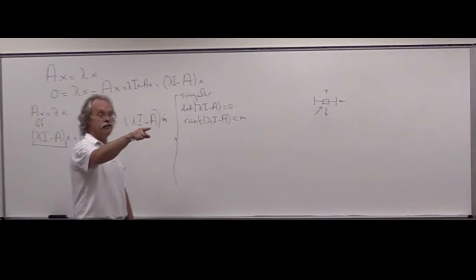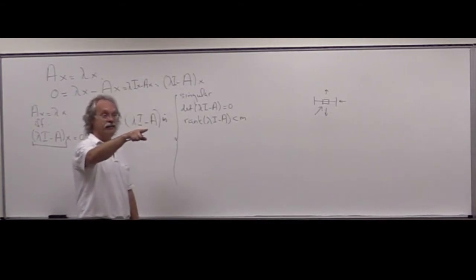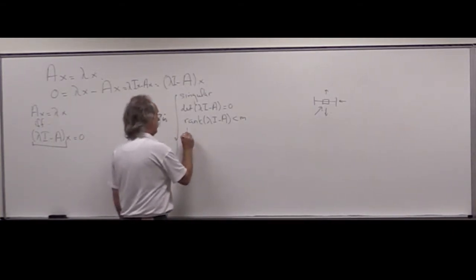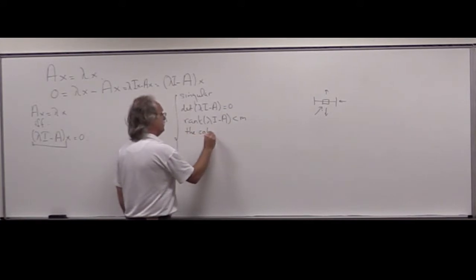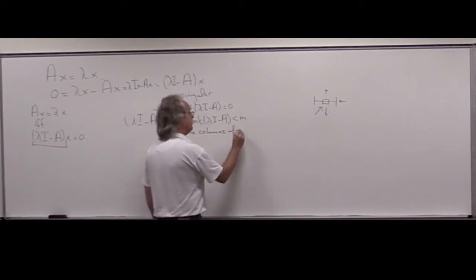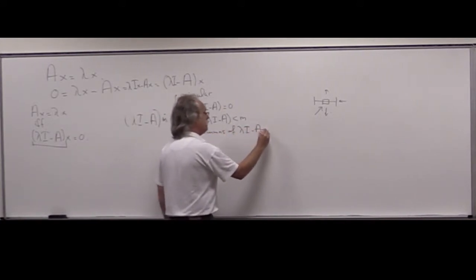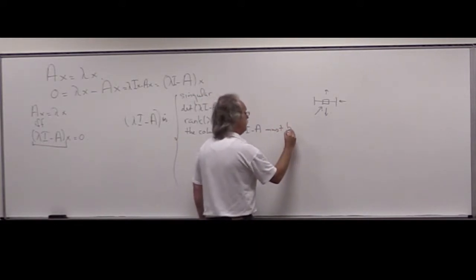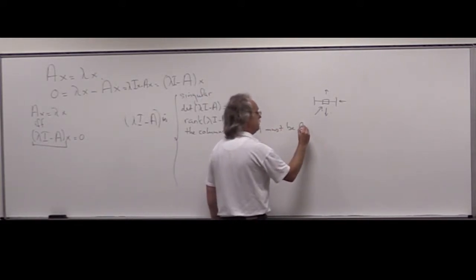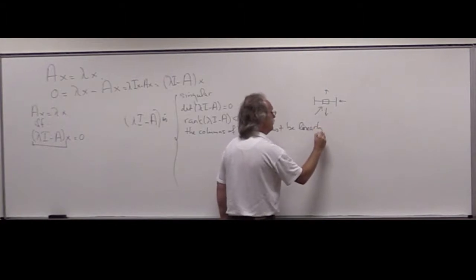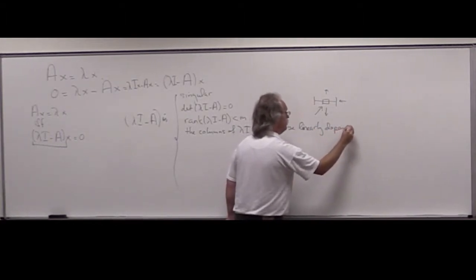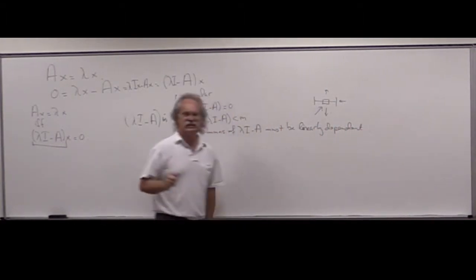So, correct. Yes? The columns of lambda I minus A must be linearly dependent. What else?